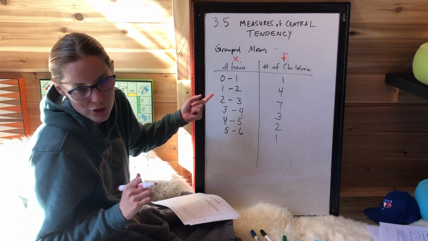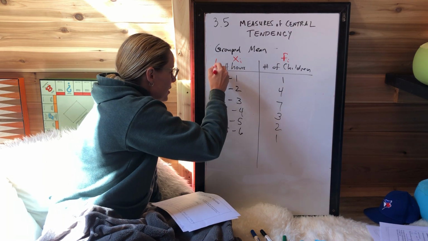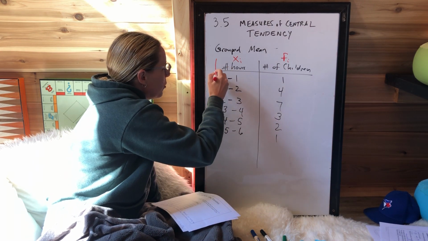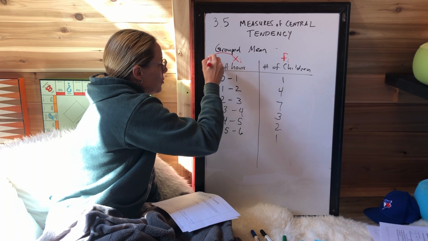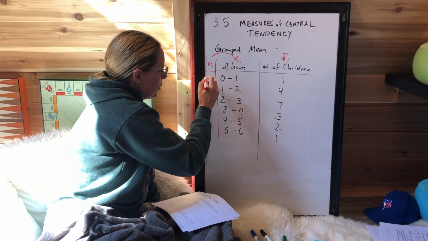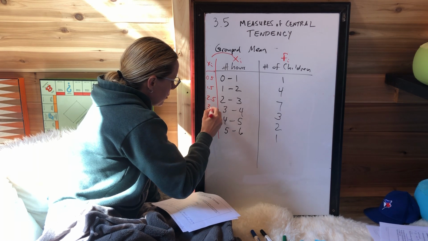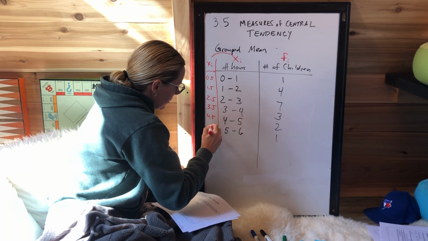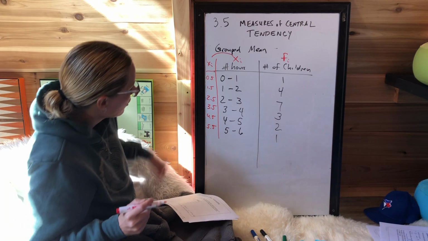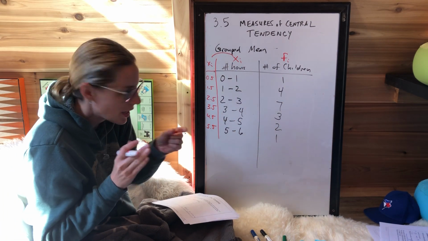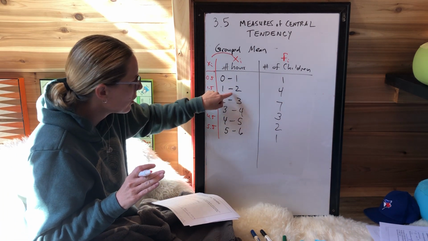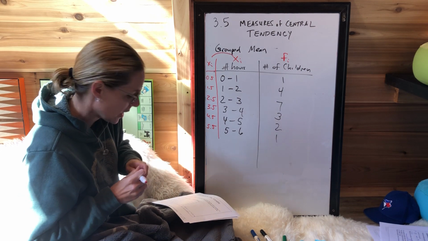We can't sub in the range 1 to 2. So what you do in this case is you take the midpoint of these. So the actual values we're going to call our X's are going to be 0.5, 1.5, 2.5, 3.5, 4.5, 5.5. Okay, so if you ever have a range of data, you have to pick the midpoint, the one that's directly in the middle of the range.